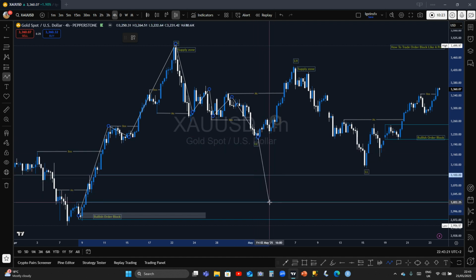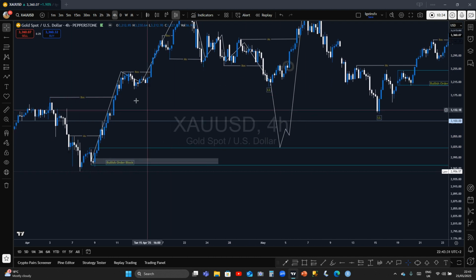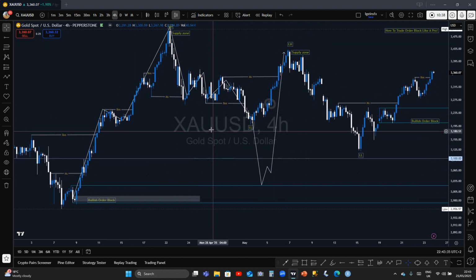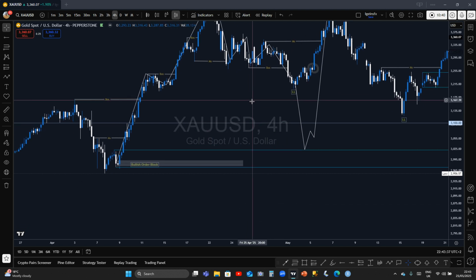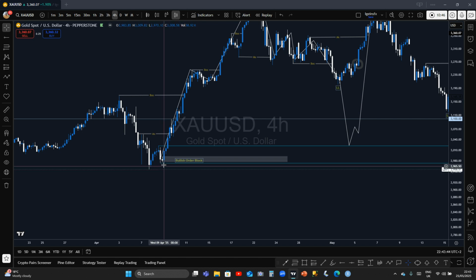It will get to this point, this very point, then it will start going back up. You know why? Because it respects more the higher time frame than the lower time frame. And now on the lower time frame, you say, oh, price is reacting on the imbalance instead of coming to tap into the order block.